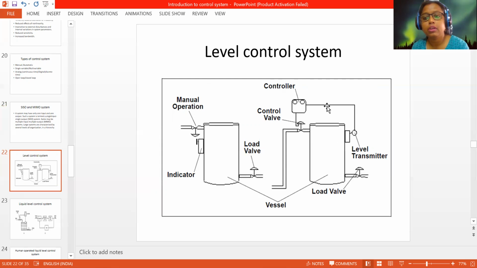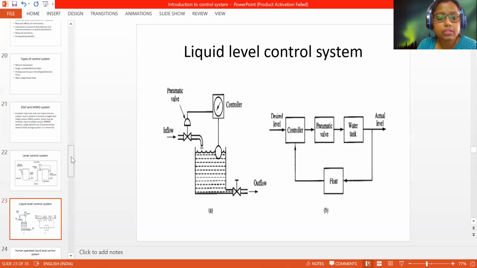It will transmit the level of the vessel to the controller, and the controller will compare the measured level with the set point value, and the error will be sent to the controller. The controller will act upon this control valve, which will open or close by a particular percentage, depending on the level that is measured. So this is a manual control system, whereas this one is an automatic control system.